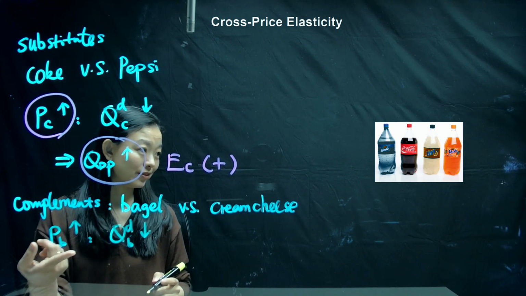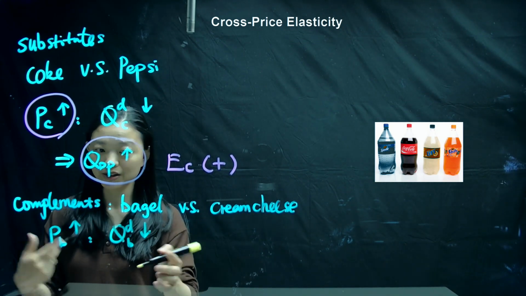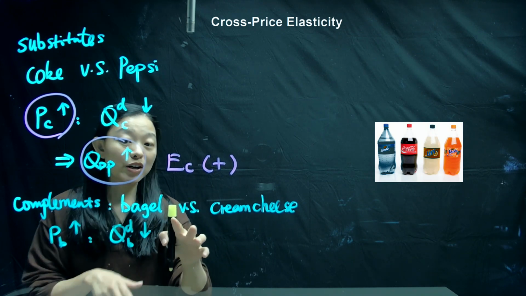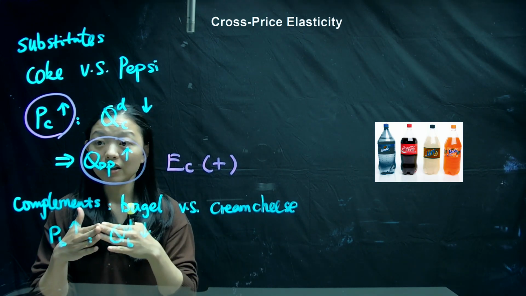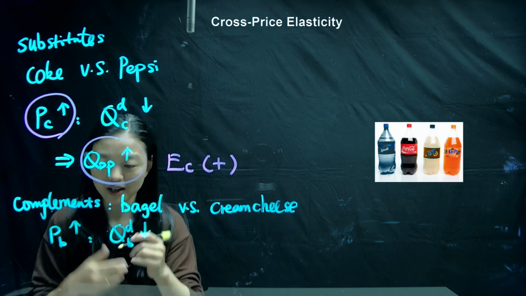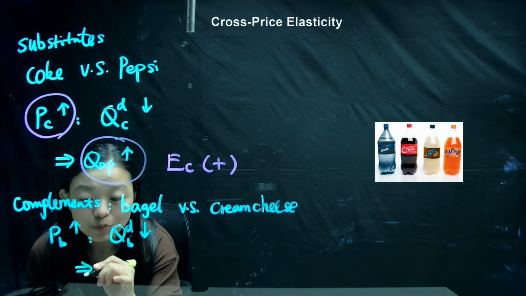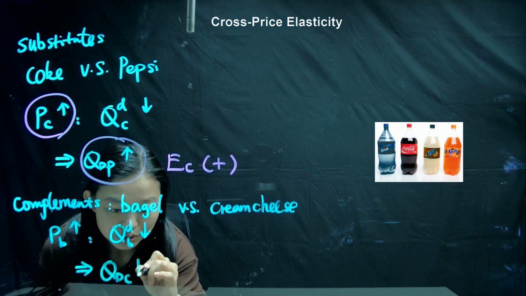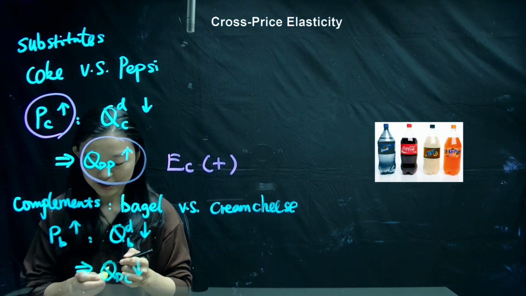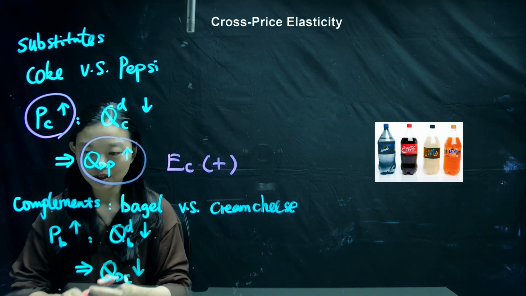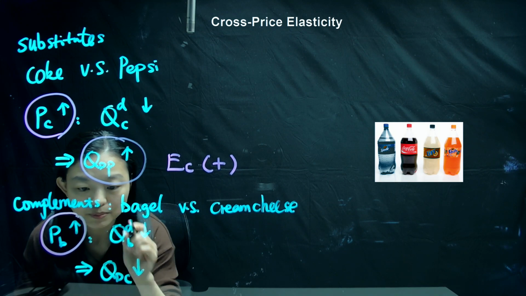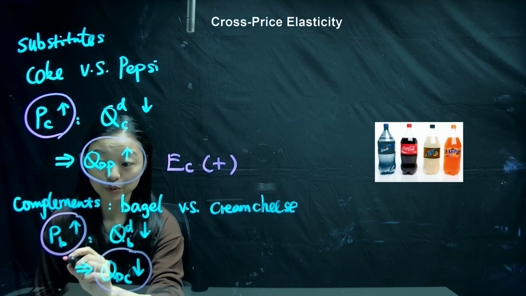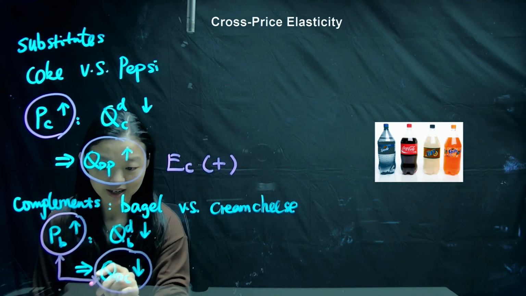Because bagels become expensive. Now consumers can switch to buy other products, right? So the bagel's quantity demanded decreases. As far as we know, bagel and cream cheese are always consumed together, because they are always eaten together. So consumers might also buy less cream cheese. So the demand for cream cheese would decrease, right? Then you can see when we talk about complements, the bagel's price increases but results in the cream cheese demand decreasing. So they are negatively related, right? You can see here for complements, they are negatively related.